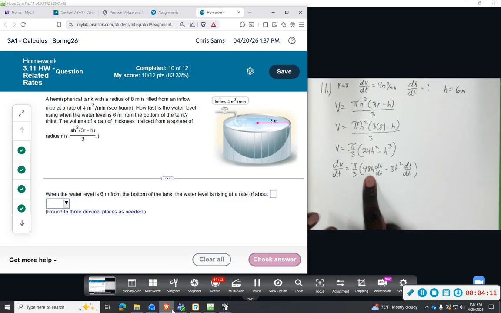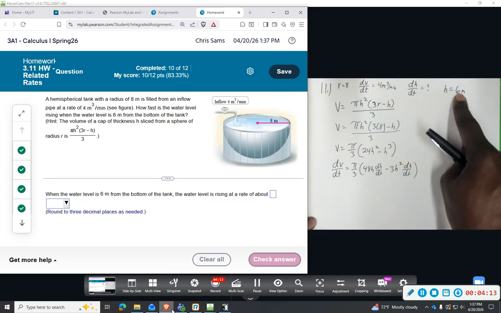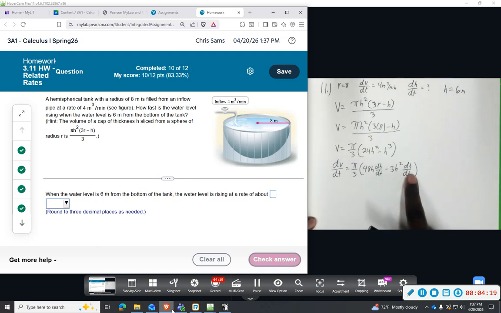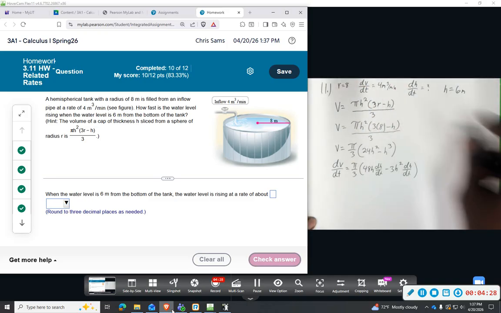And then from this point, we can plug in our 6, and we can factor out the dh/dt and plug in our rate of change.